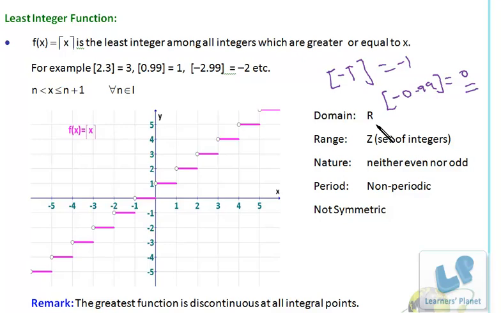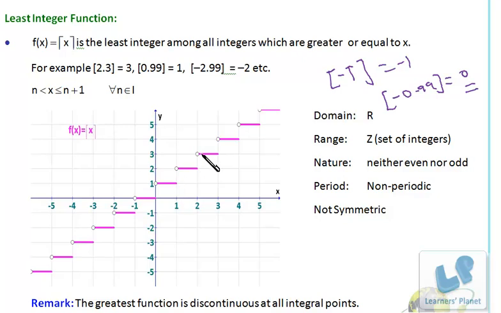Now domain is R because you can choose any value of R. Range will be the set of integers obviously because it is an integer function. Nature is neither even nor odd because f(x) is not equal to f(-x) and f(x) is not equal to -f(-x), right? Further, the function is discontinuous, that we can very well see because if I draw this graph, I need to take out my pen.